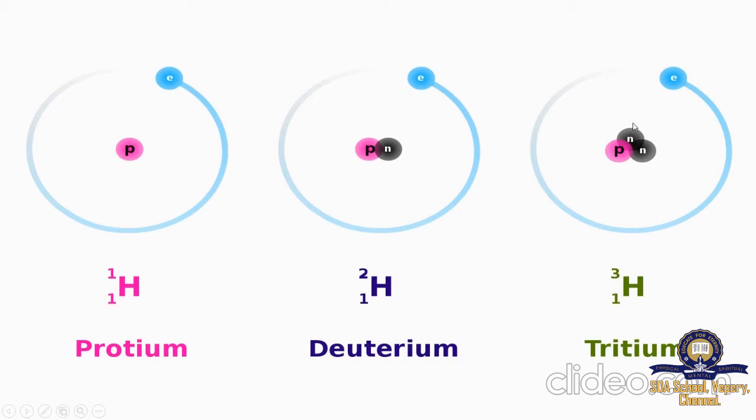Thus only the neutron changes, so there will be a change in mass number. So isotopes are the atoms of the same element. These are the atoms of the hydrogen element. They have the same atomic number but different mass number. This is because of the change in the number of neutrons.